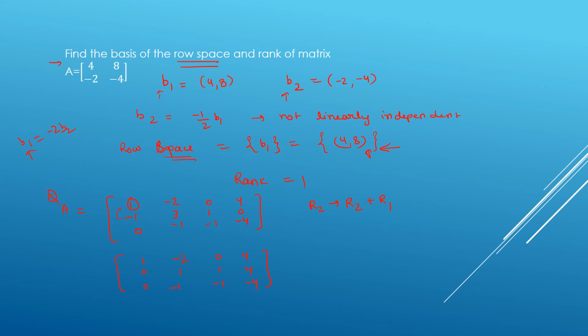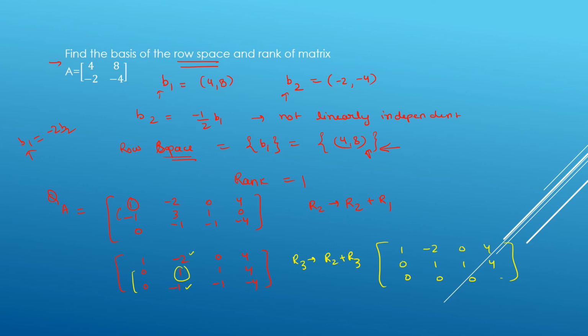So now zeros are formed, 1 is here, so we have to create 0 here, right? So R3 becomes R2 plus R3. If we do this, 1 minus 2, 0, 4, 0, 1, 1, 4, and then 0 plus 0 is 0, 1 minus 1 is 0, 1 minus 1 is 0, 4 minus 4 is 0.